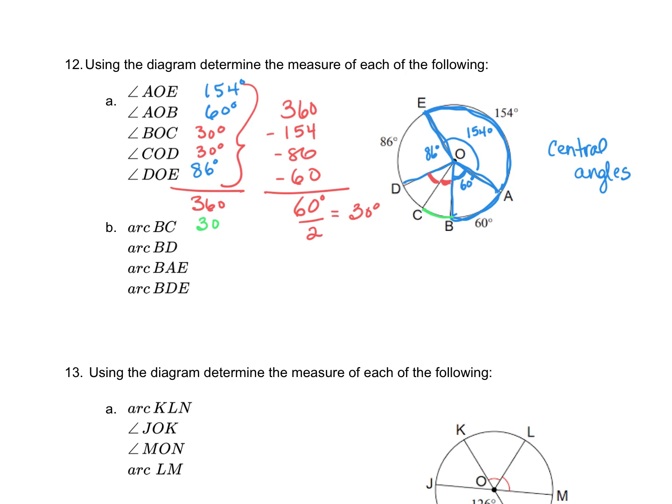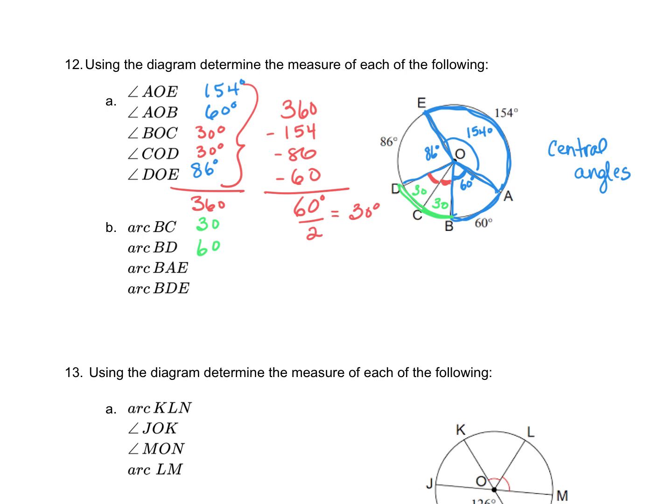Now BD, I hope you were inquisitive enough to realize that both angles add to 60, 30 and 30. So arc BD would also be 60, so just add the two up.